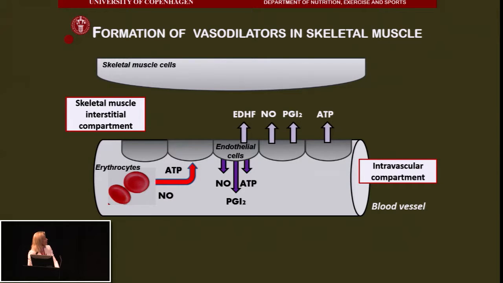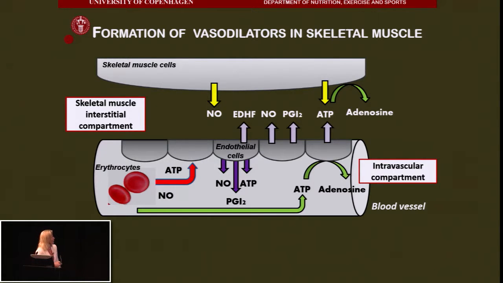We have endothelial cells lining the blood vessel here that also can produce nitric oxide, ATP, and prostacyclin, both to the luminal and abluminal side, to the interstitium. We have our skeletal muscle cells that can produce NO and ATP also. And anytime you have extracellular ATP, you will produce adenosine by ectonucleotidases.